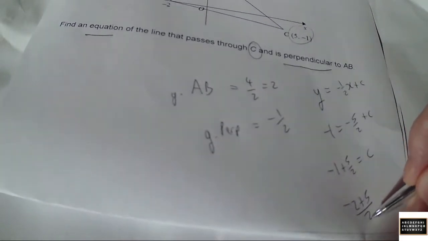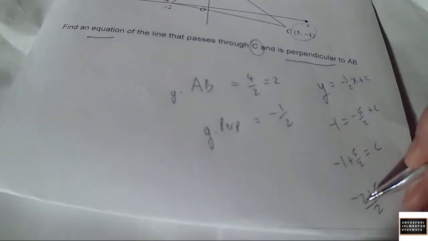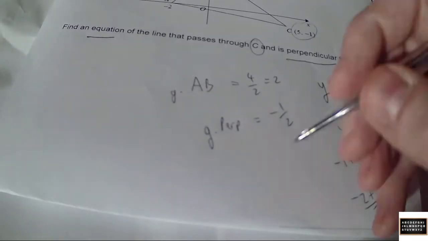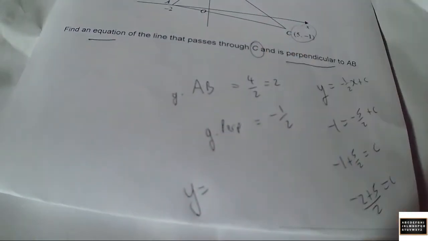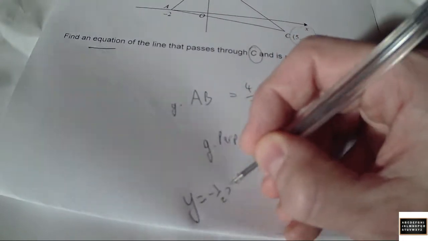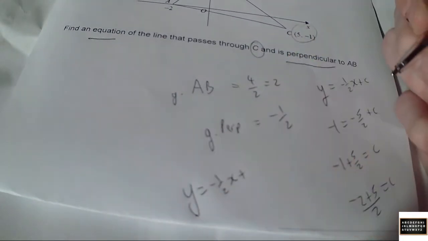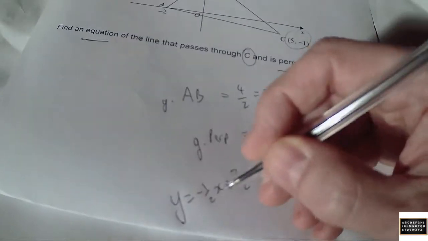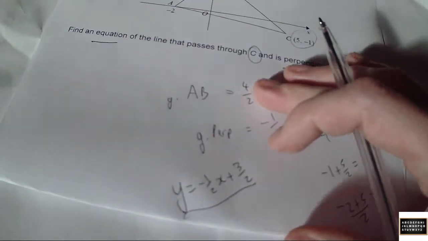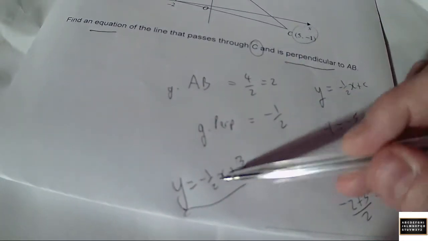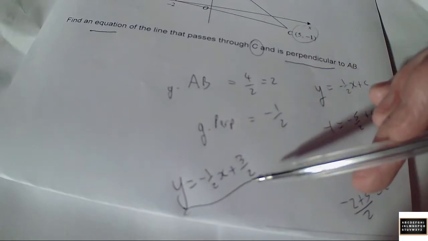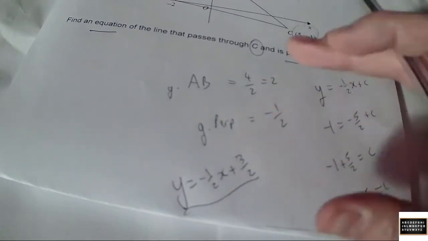Just taking my time. It's minus 2 first, so 3 over 2. So the equation of the straight line will be minus a half x plus 3 over 2. And again, you could multiply by 2, make it look a bit nicer, but that's okay. You don't have to go too much further than that.